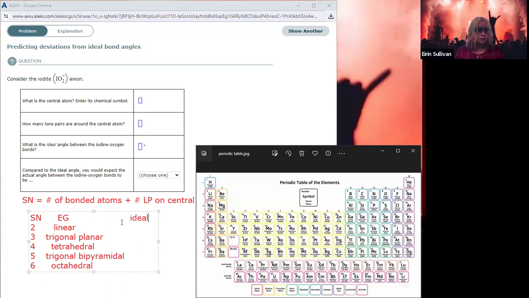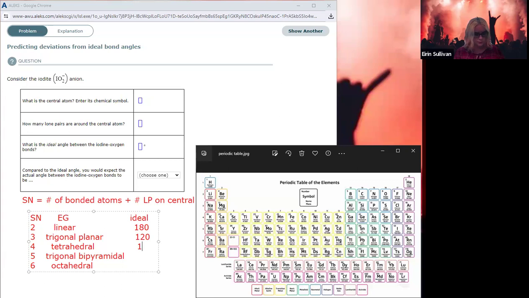So from those electron group geometries, your ideal bond angle is coming straight out of that geometry. So your ideal angle for linear, if you divide 360 degrees by 2, you get 180 degrees. Trigonal planar, you divide 360 degrees by 3, you get 120 degrees. Tetrahedral, fully three-dimensional. So the vertices of a tetrahedron are 2 opposite corners of the top and bottom edges of a cube.